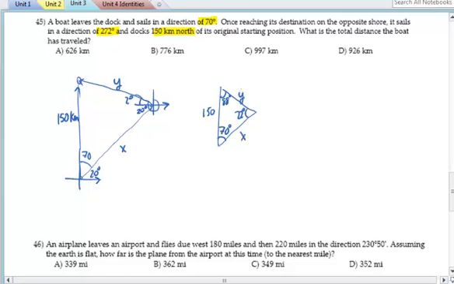Because we have angle side angle, in two cases we can use the law of sines.